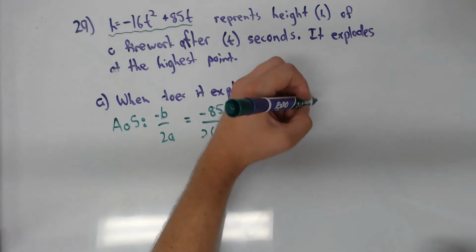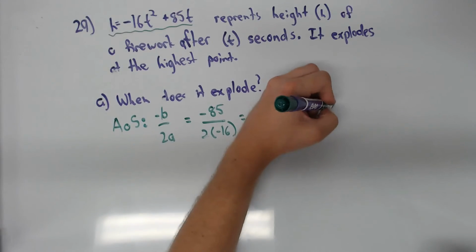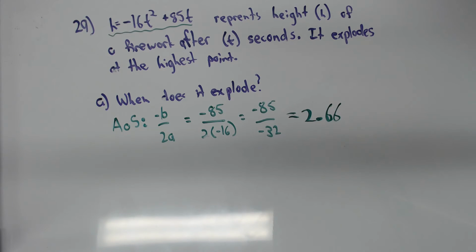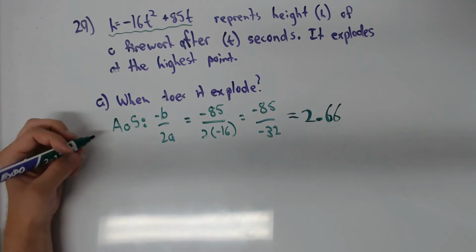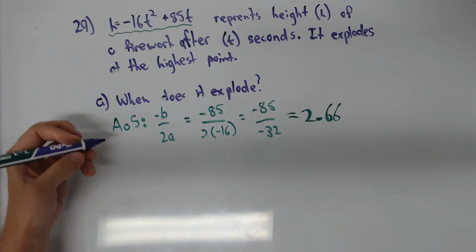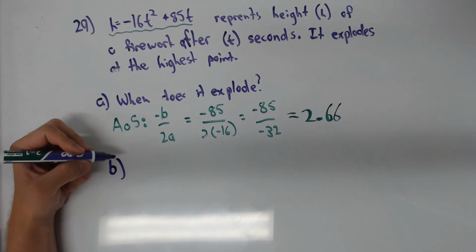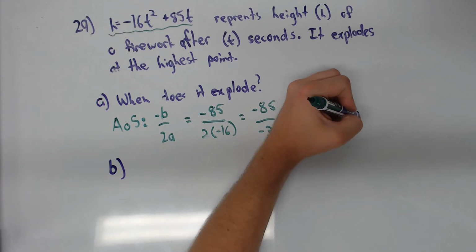We'll round to 2.66. If we're off by 100th or something at the end, I'm not going to be too upset here. So letter B, that answer is when, by the way, 2.66 seconds.